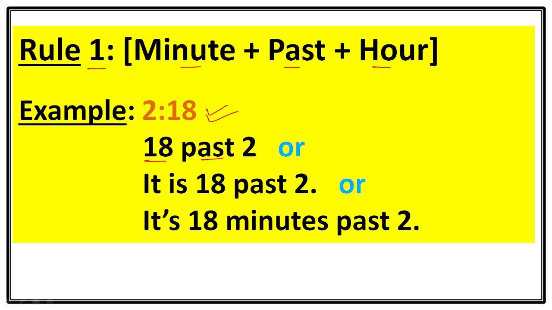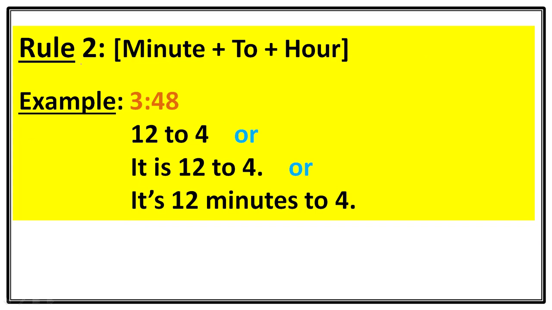After that, past, and after that, hour. So it will be said like 18 past 2, or you can also say it's 18 past 2, using the contraction form of it is, that is it's. You can also tell it like it's 18 minutes past 2.